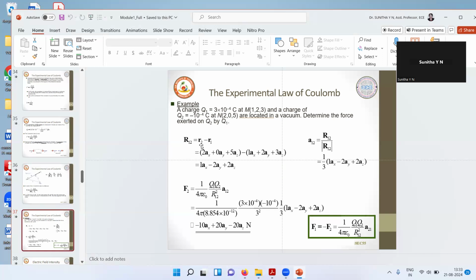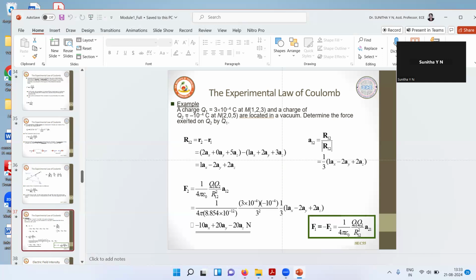This we have seen in the previous class, previous slide, how to construct an R2 vector and how to construct an R1 vector. So they have given here the location of Q1, that is X coordinate, Y coordinate and Z coordinate, which is 1, 2, 3.